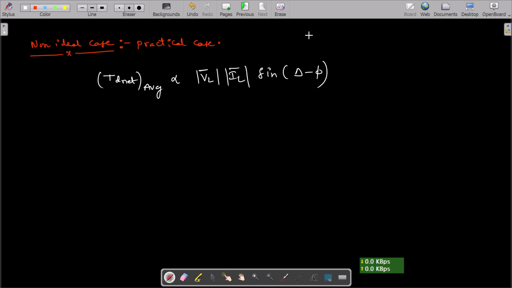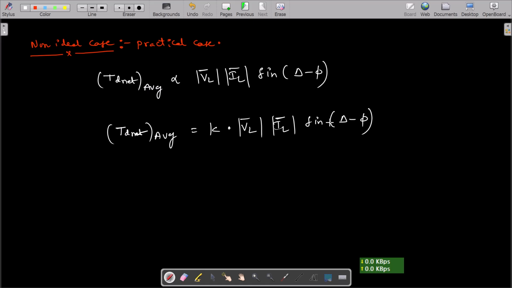This can be written as TD net average equal to some constant K into VL IL sine of delta minus phi. This is what we got in the derivation of the deflection torque of the energy meter.